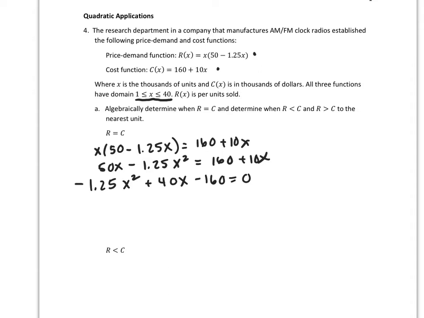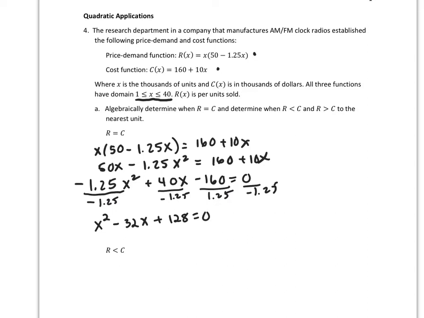I know they are. Every term is divisible by 1.25. So let's divide all the terms by negative 1.25 and clean this thing up. And that gives me x squared minus 32x plus 128 equals 0.